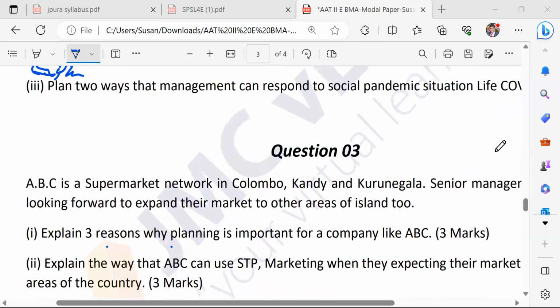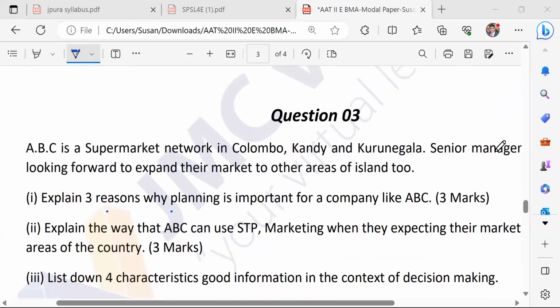Explain 3 reasons why planning is important to a company. You have to explain only 3. Now I have given many reasons. Planning encourages the organization to use resources efficiently. It provides guidance to the organization.